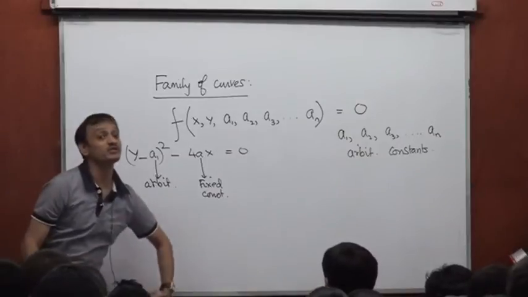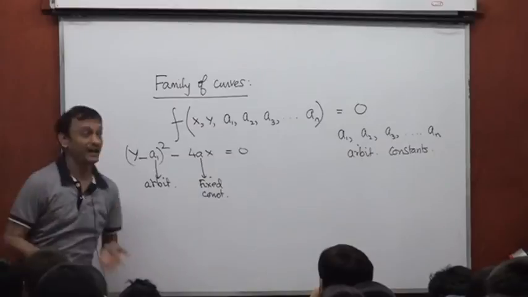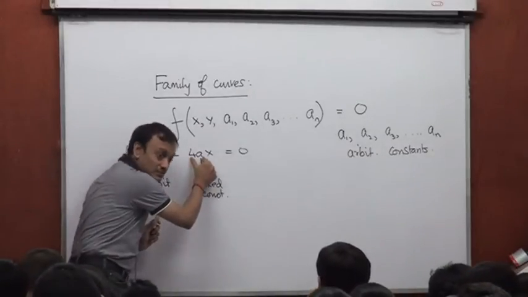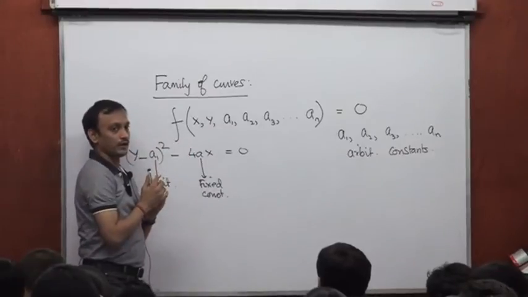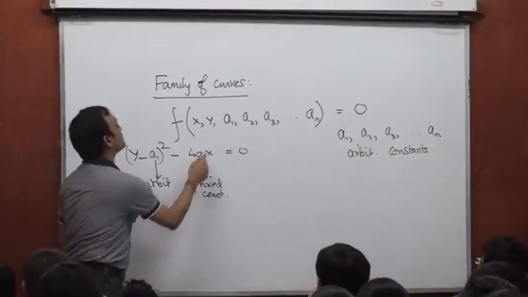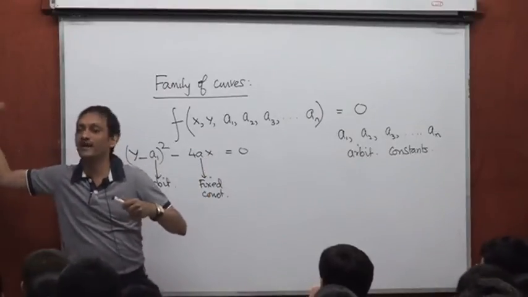What would it then represent? A family of parabolas. It will represent a family of parabolas having the same latus rectum 4a, but with a variable vertex. The vertex is (0, 1), (0, 1.5), (0, 2.5) and so on and so forth, right?